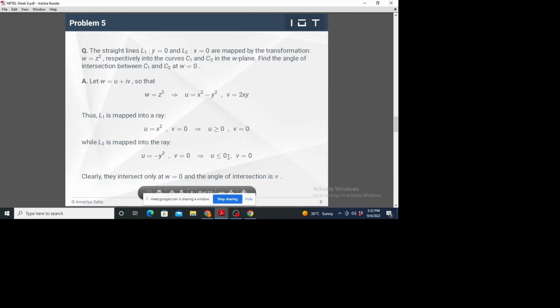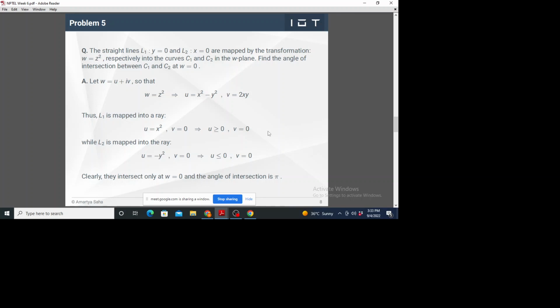So u is less than or equal to 0 and v is 0 again. So this is again on the real line, but this time it is the left half of the real line including the point 0. So again it's a ray because there is one end point.